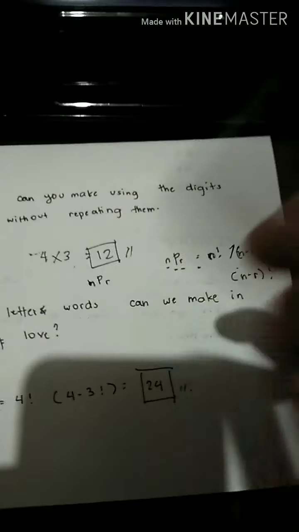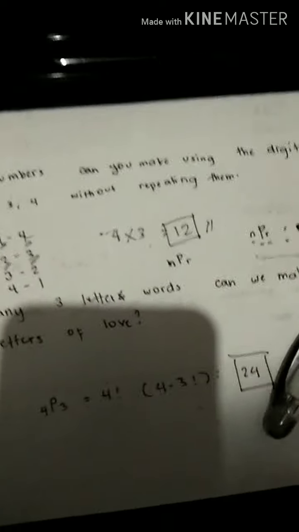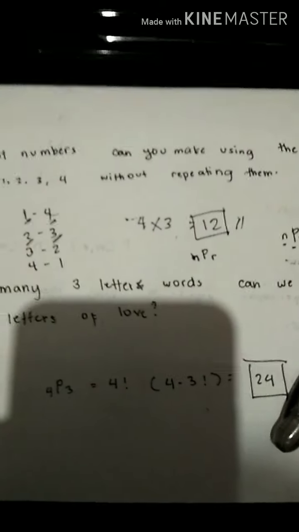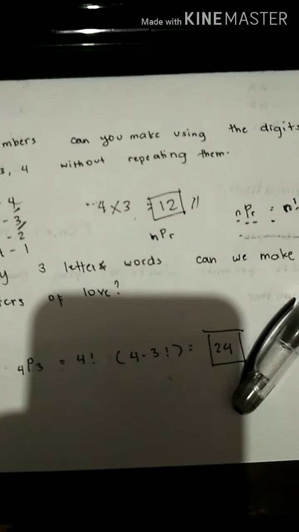That's the formula. Again, the most important idea in permutation is that the order of the set is very important.